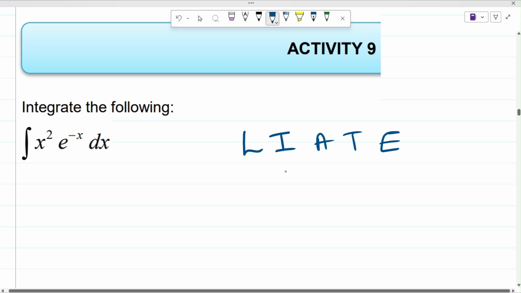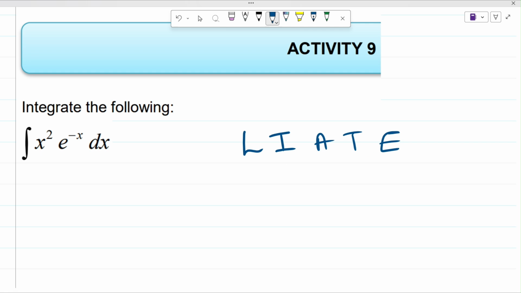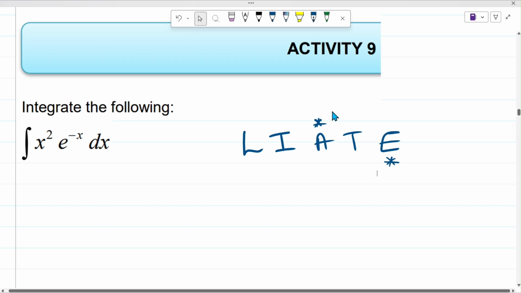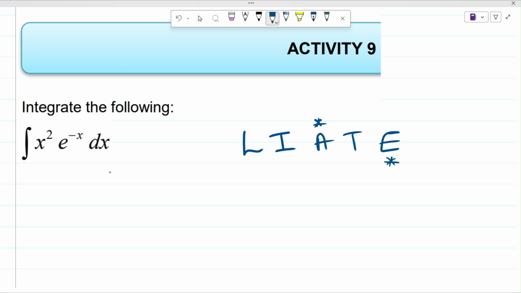Sometimes you don't really have to write this LIATE once you are used to solving, you don't really need to write it down, you understand? Because it's not for marks, it's just there to help you know which function you are supposed to differentiate and which function you are supposed to integrate. So since we have two different functions, an algebraic function and an exponential function, what are we supposed to do? We're supposed to differentiate the algebraic function and integrate the exponential function.